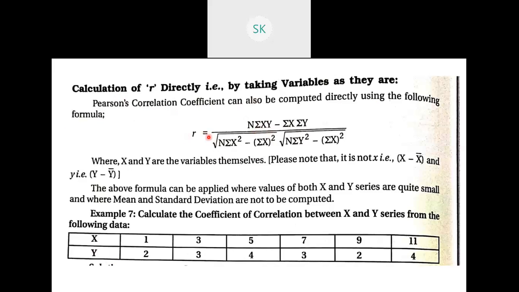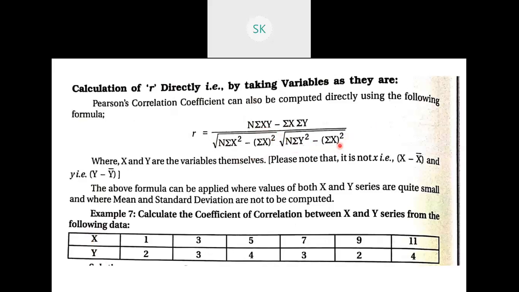The formula is r equal to n, the number of data, into summation of xy, minus summation x into summation y, whole divided by square root of n into summation x square minus summation x whole square, times square root of n into summation y square minus summation y whole square. Now this xy is not a deviation, but the direct data from the question. We are going to square this data directly.